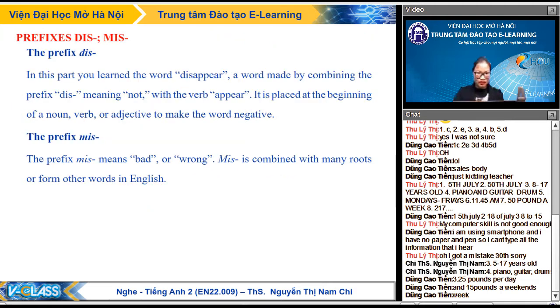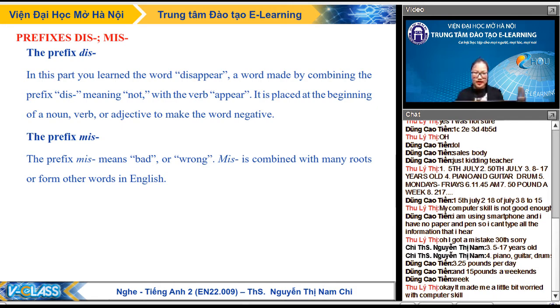Now let's move on to the prefixes dis- and mis-. In this part, you'll learn the word disappear, a word made by combining the prefix dis-, meaning not, with the verb appear. It is placed at the beginning of a noun, verb, or adjective to make the word negative. And the prefix mis- means bad or wrong.